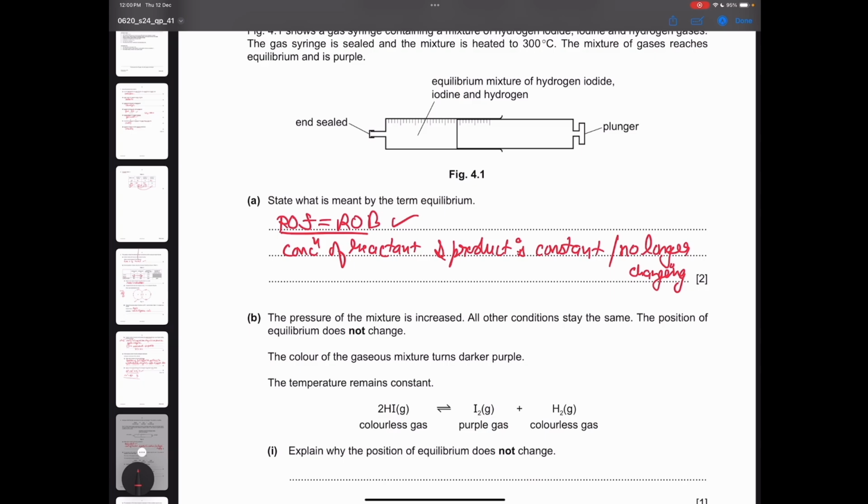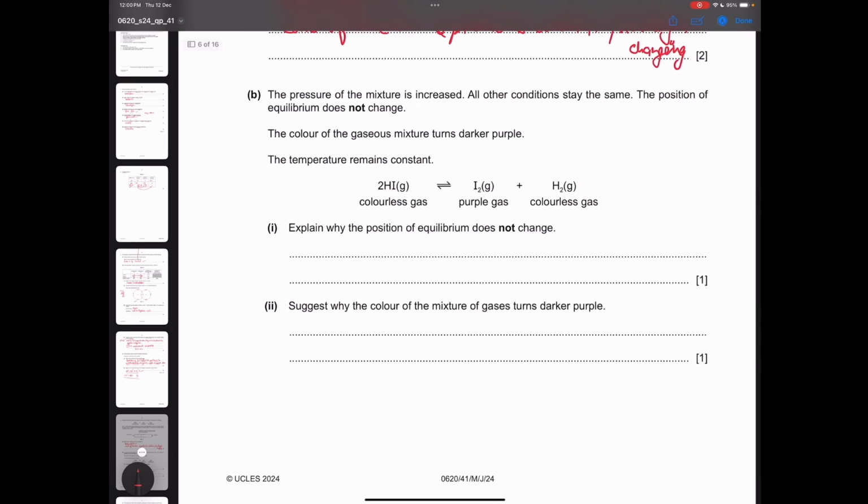The pressure of the mixture is increased, all the other conditions stay the same, the position of the equilibrium is not changing. So they are trying to tell you that we know that pressure changes the position of equilibrium, but specifically in this equation, pressure is not changing the position of equilibrium. Then they're asking you, why is it not changing?